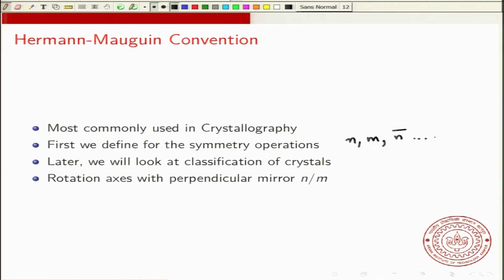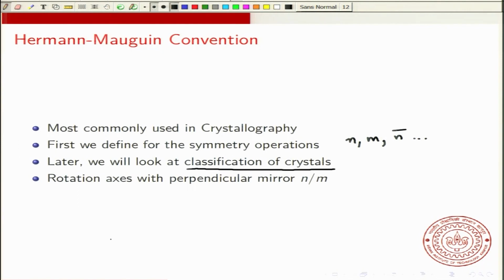Those are the translational symmetry operations. And later on we will see that the same Hermann-Mauguin convention is actually used to classify the different crystals.